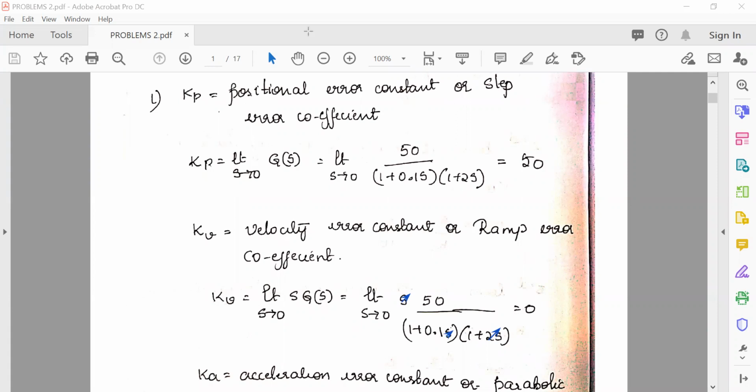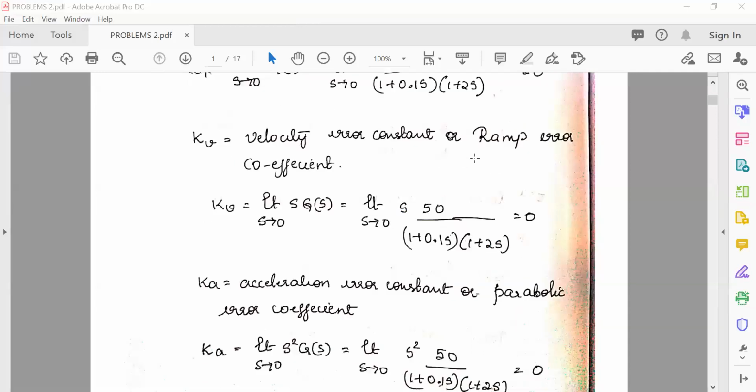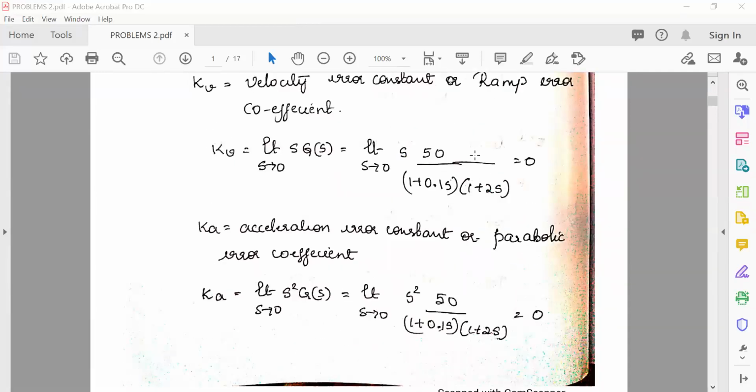Next would be the acceleration error coefficient or constant, or the parabolic error coefficient or constant. Here it is Ka, the limit of s square into g of s into h of s.